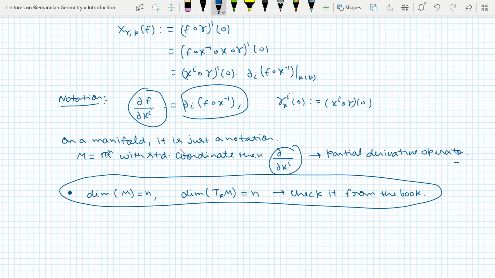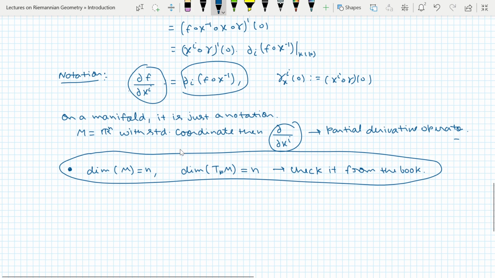So that's what I have done. Please have a look at this proof, for clarity, that this is actually true. Other than that, right now you can keep in mind that the dimension of TpM is the same as the dimension of the manifold that you have.